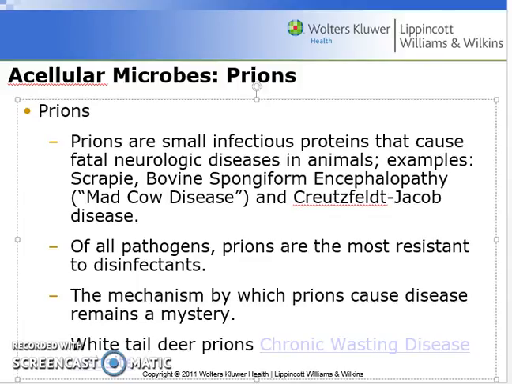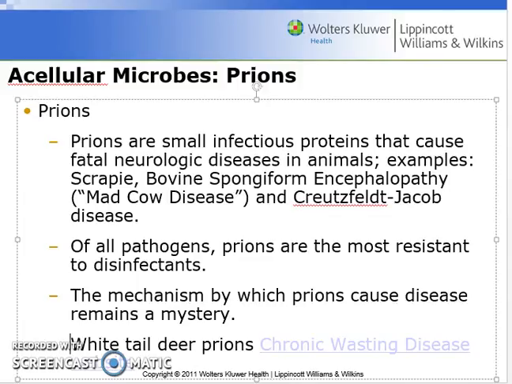And in particular, what happens in deer is that they start to exhibit a lot of weight loss, and they also exhibit abnormalities in their walking patterns, which is very clear and apparent that there's some sort of issue going on.